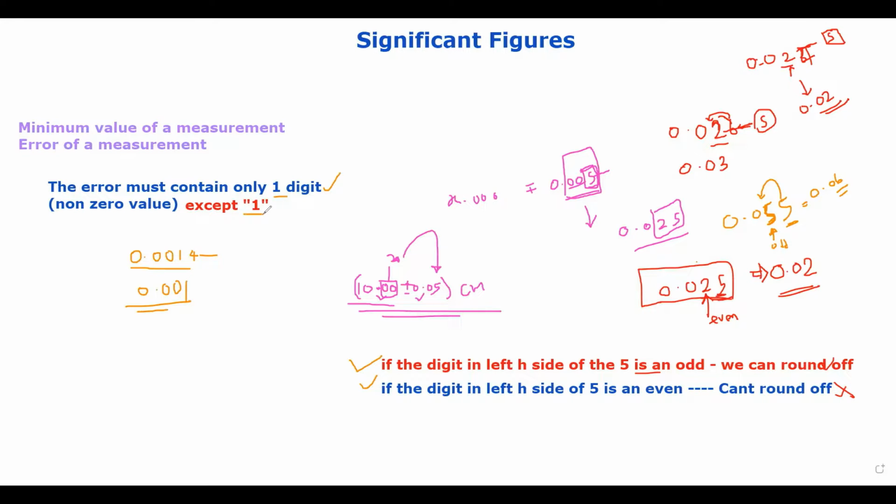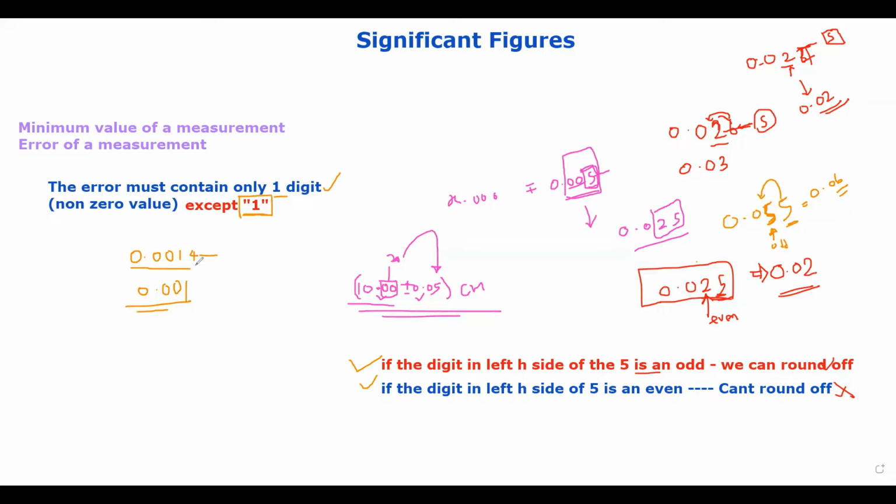However, error can't be 1. We can't put 1 alone. That's the principle. If the digit is 1, we can't put it alone. We have to consider the next digit also.